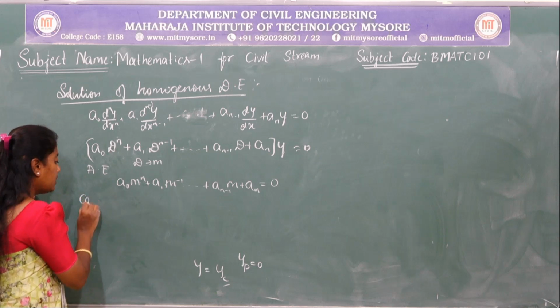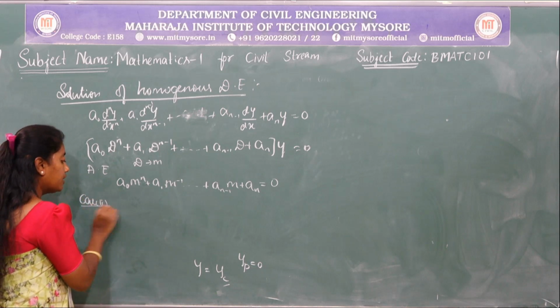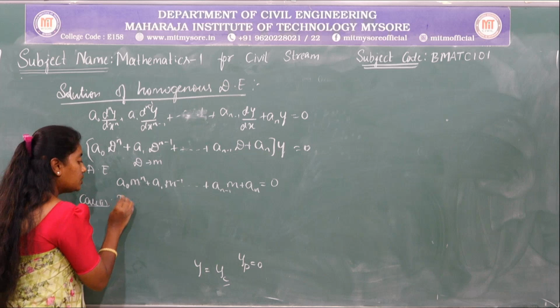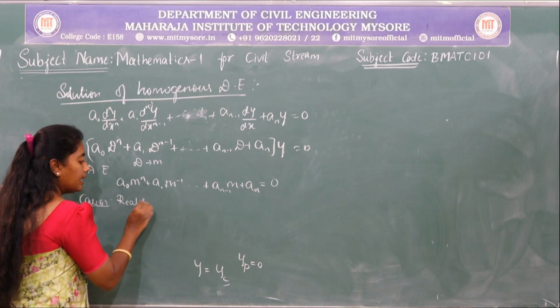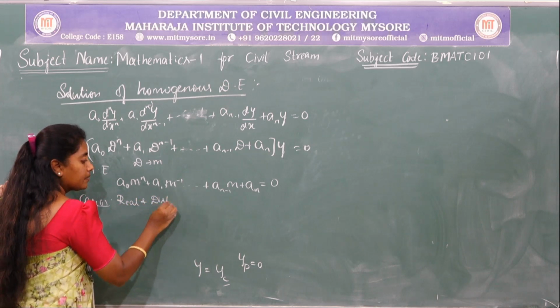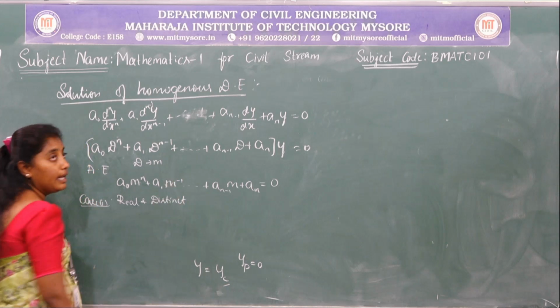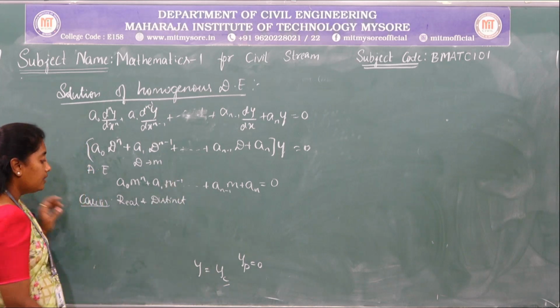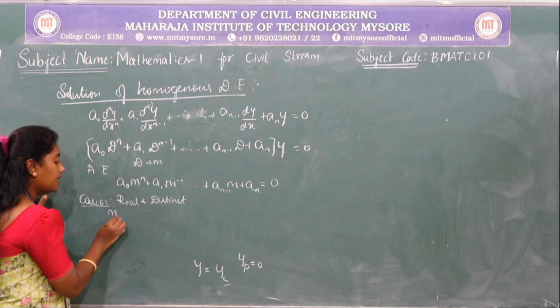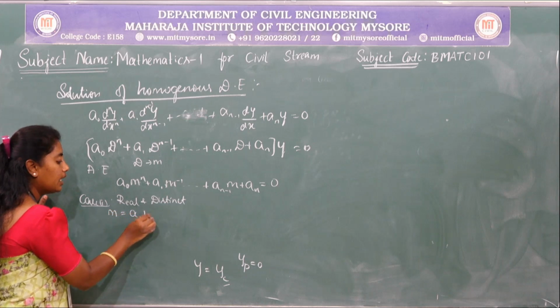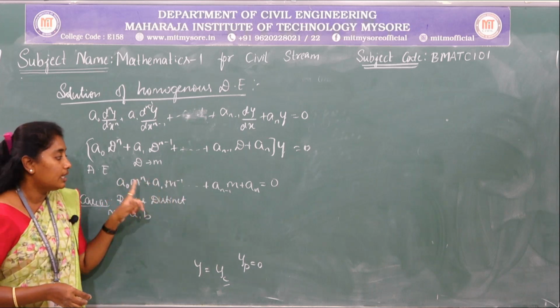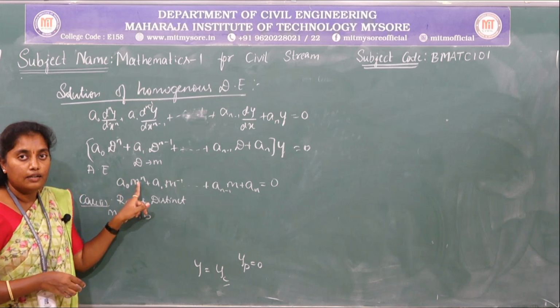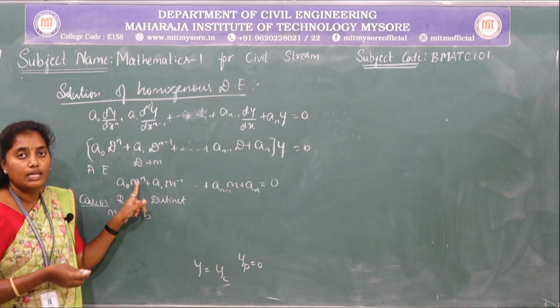For that, we have three cases. In the first case, if the roots are real and distinct, for example, let us take m is equal to a comma b. Here this is a general form, it is an nth order differential equation, that is a polynomial of degree n.